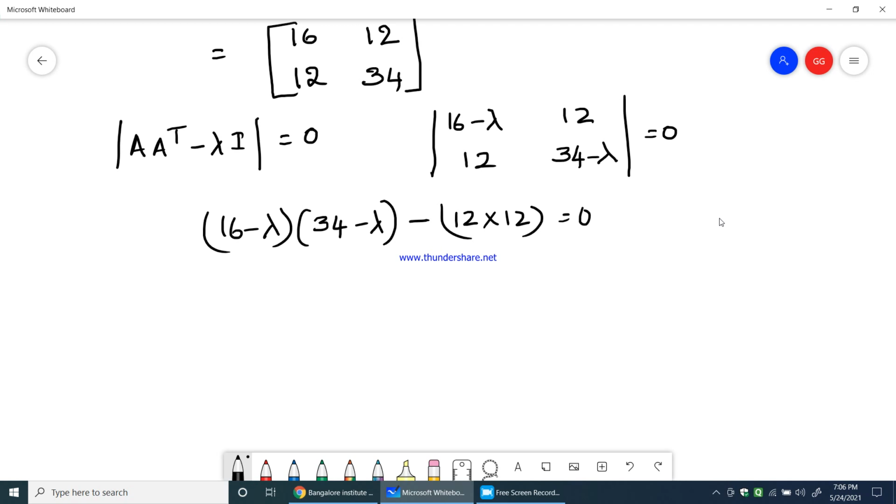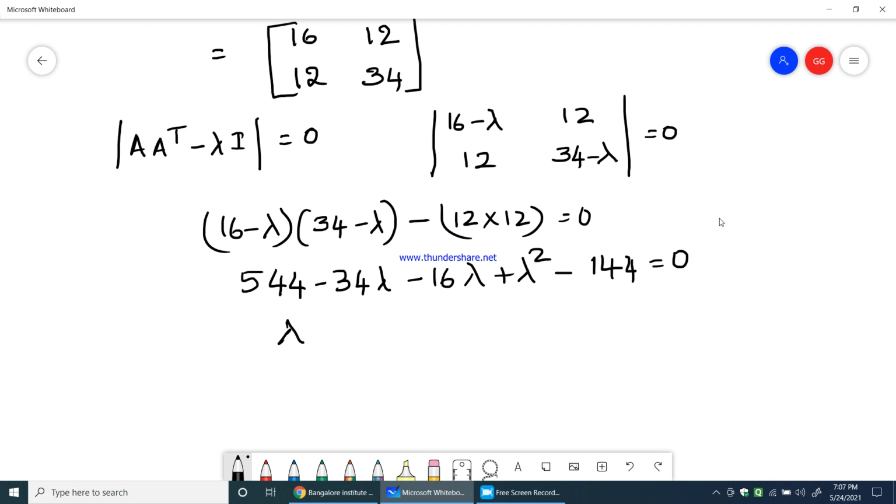Now let us expand and factorize these things. 16 into 34 is 544, minus 34 lambda, minus 16 lambda, plus lambda square, minus 12 into 12 which is 144, equals 0.